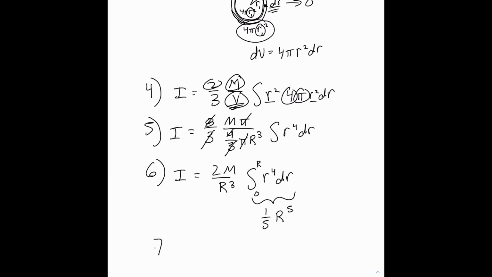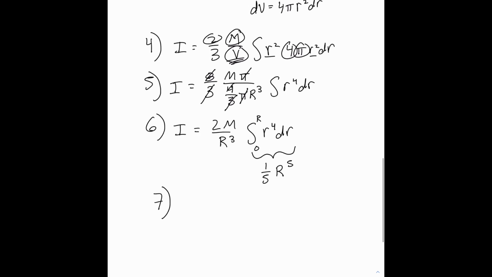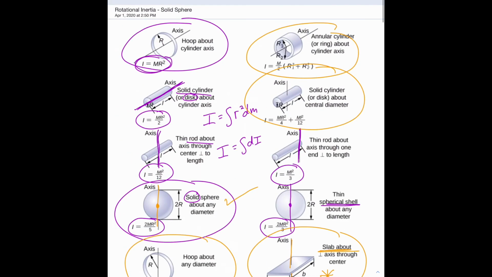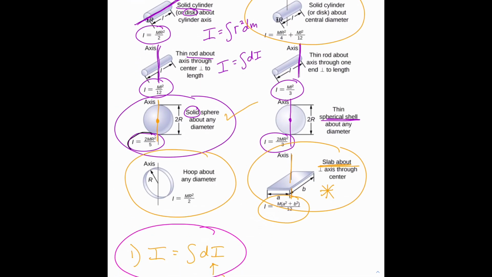So if we put it all together, we finally get what we're after. I is equal to 2/5 m over R cubed times R to the 5th, and that cancels to give us an R squared, and we've got it. Indeed, I is 2/5 mR squared. Scroll back up, make sure we got it right. Indeed, I is 2/5 mR squared. Yay, physics.